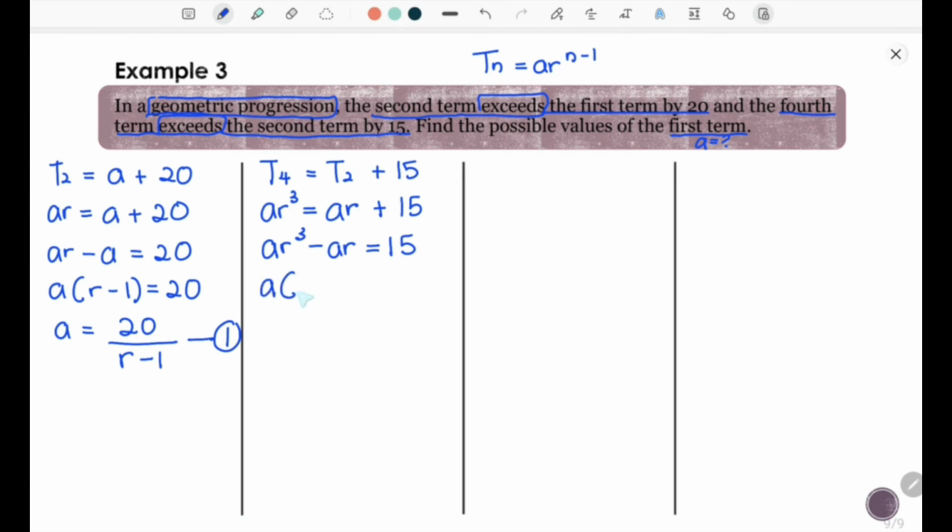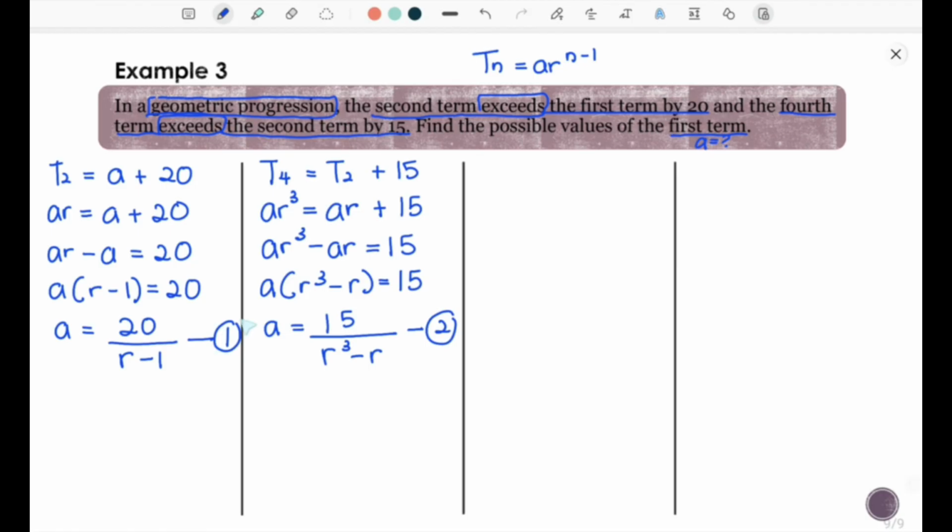We get a times r cubed minus r equal to 15. Also, I will let a be the subject. So we have a equal to 15 divided by r cubed minus r as the second equation. Now we need to find the values of r before we can find the values of a.